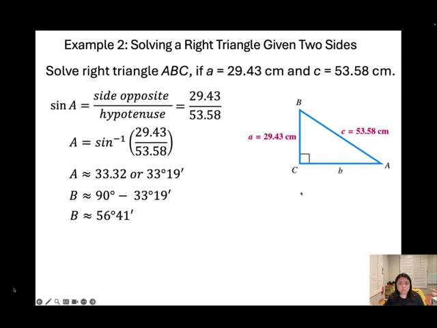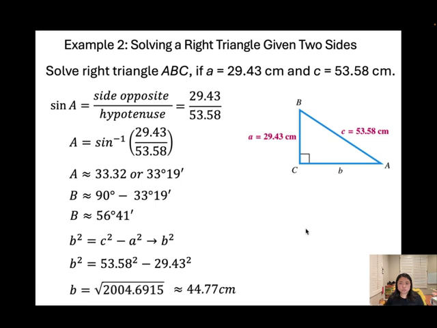Okay, now you could use the Pythagorean theorem. Okay, a squared plus b squared equal to c squared. Plug it in. You should get 44.77 centimeters.